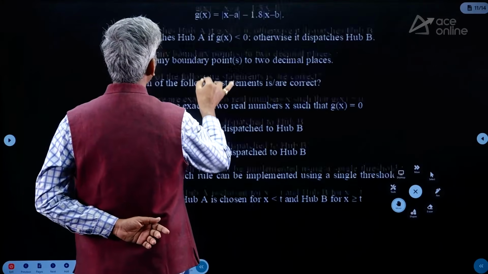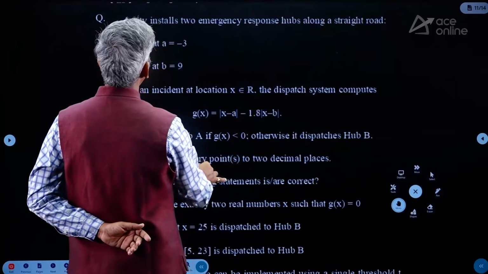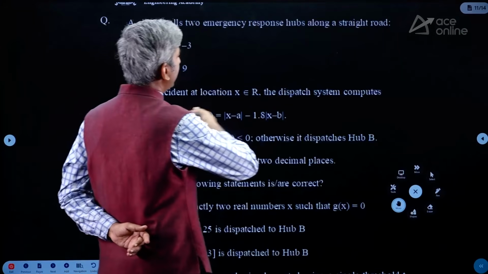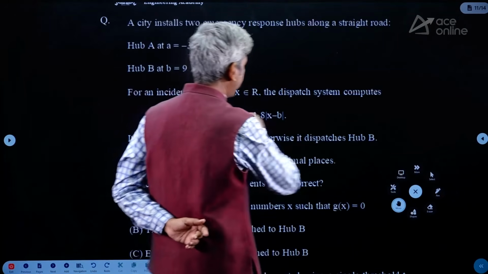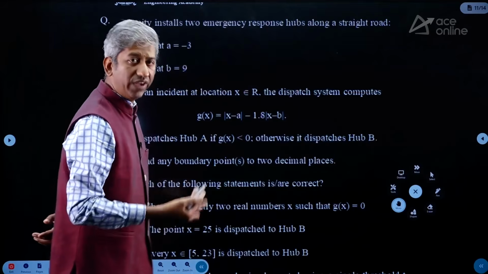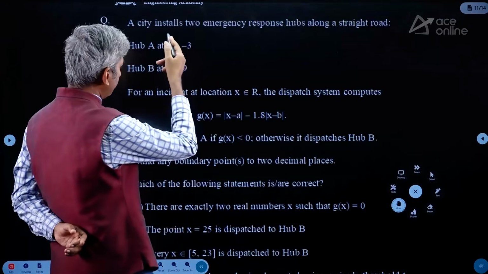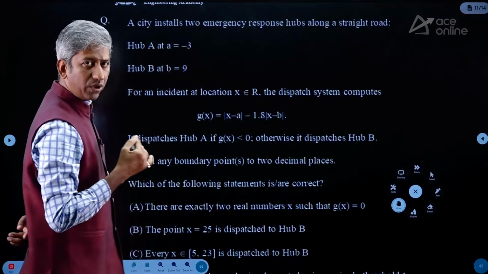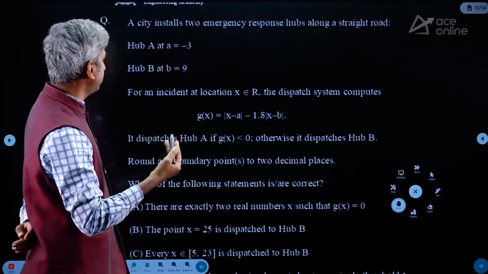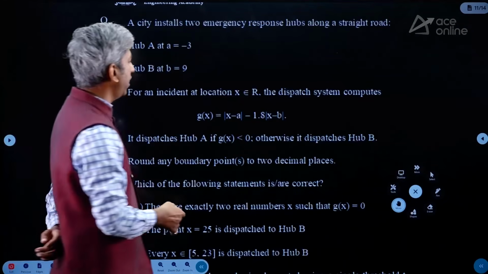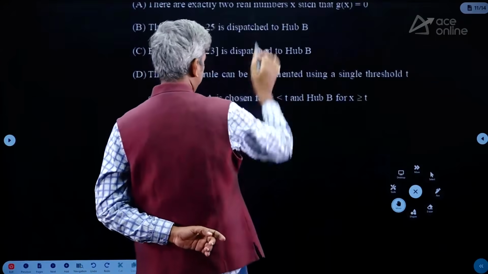Here in the problem statement, it is given that there is a straight road on which you have two hubs. One hub is at a location A, that is -3, and another hub is at a location B is equal to 9.